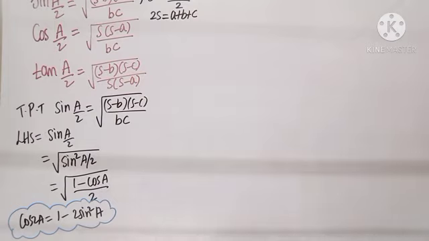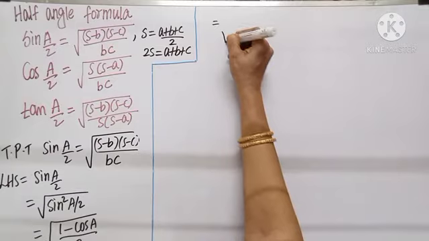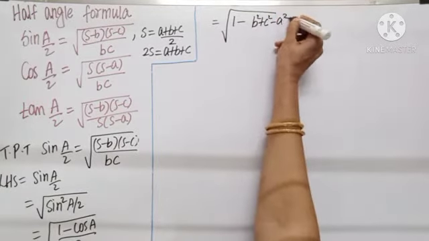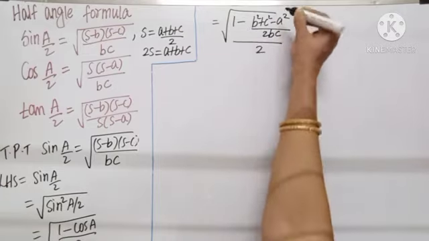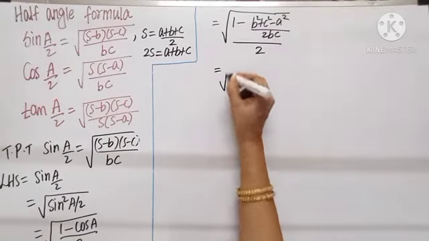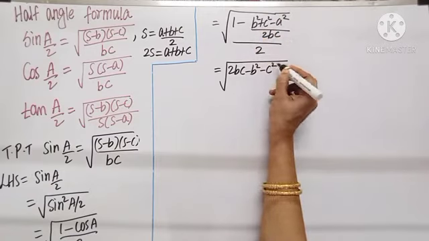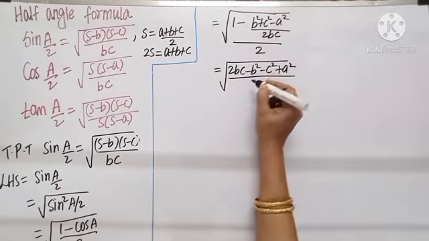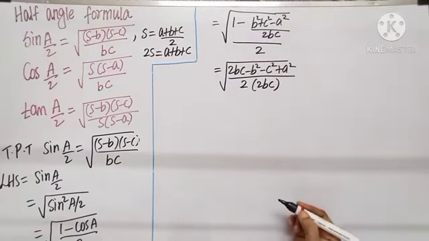Let us remember what is cos A. Cos A is B square plus C square minus A square by 2BC. The whole thing divided by 2. Taking LCM, 2BC minus B square minus C square plus A square divided by 2 into 2 I can put, because both are in the denominator.